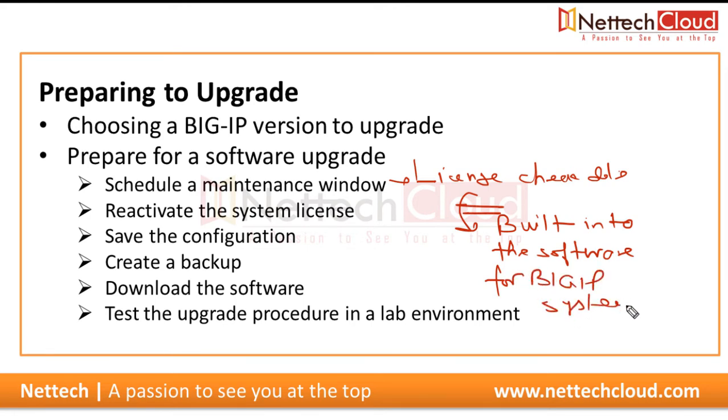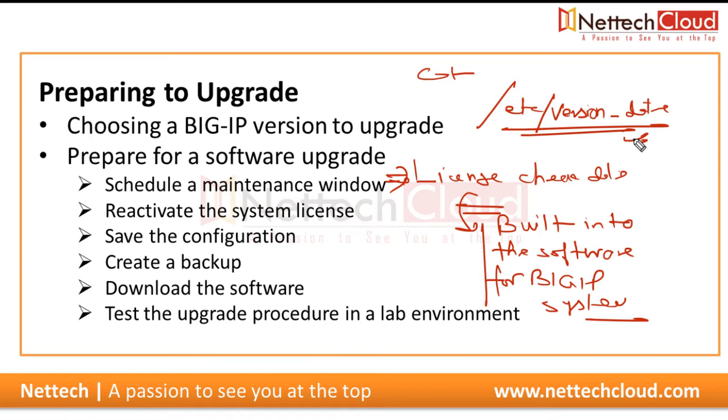If you want to know the license check date, you can find that on the F5 website, or by opening a file with the cat command or a more command, and the file here is /etc/version_date. So it's a static one, right? The version_date of any running F5 BIG-IP system.